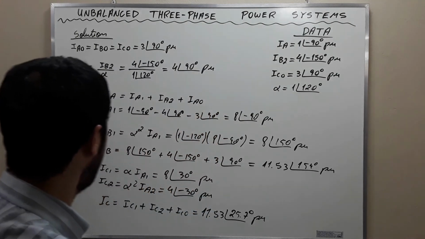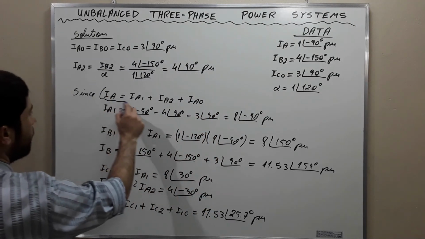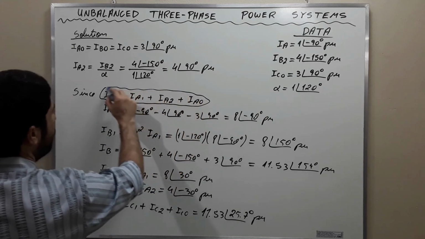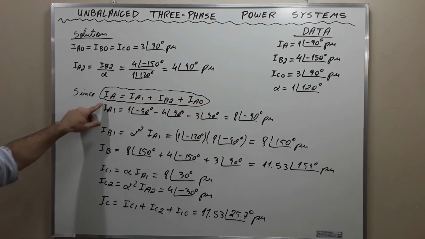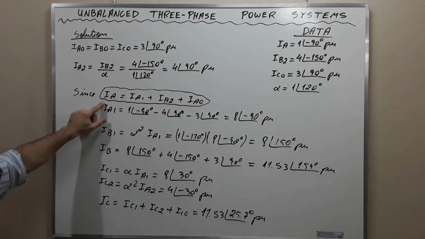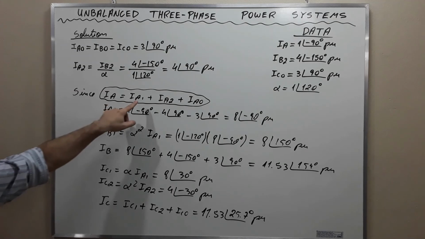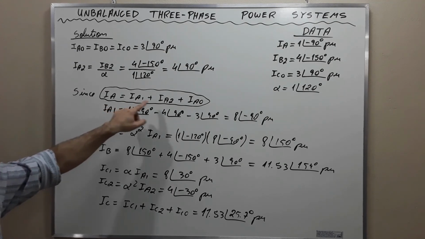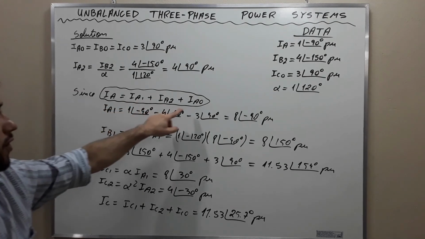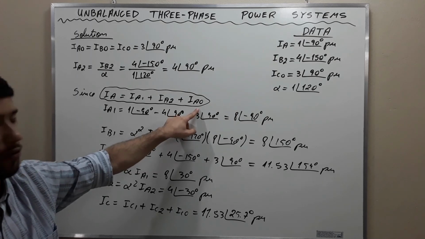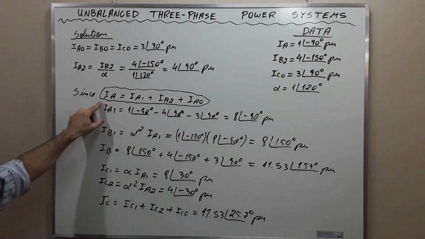Remember that this holds for them all, okay? This holds true for conductor A. The measured current is the addition of the positive sequence, the negative sequence, and the zero sequence. For IA, for IB as well.